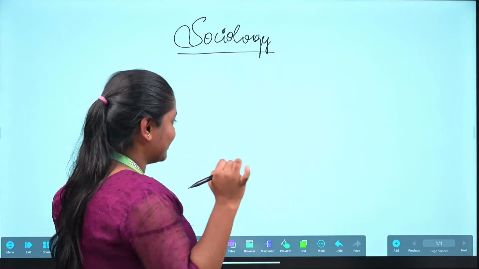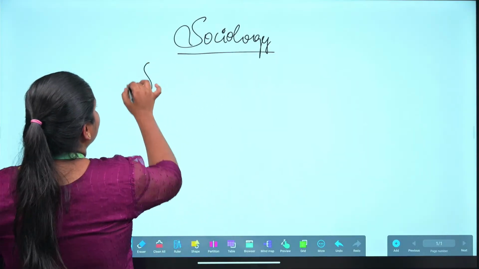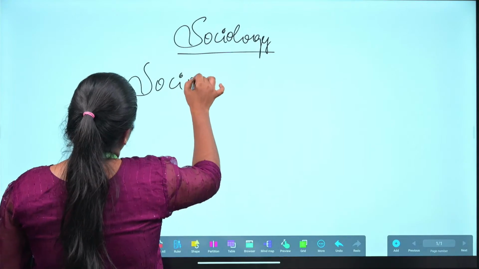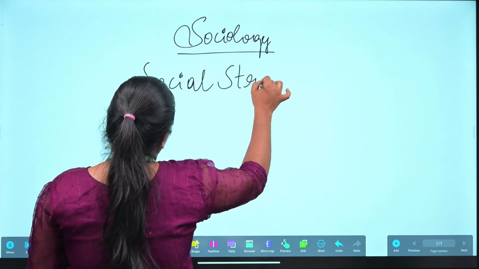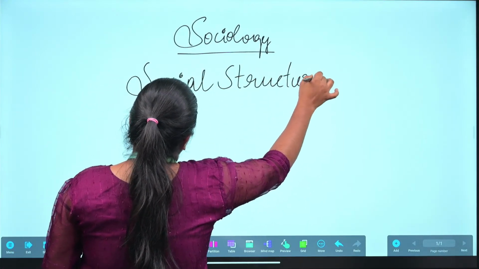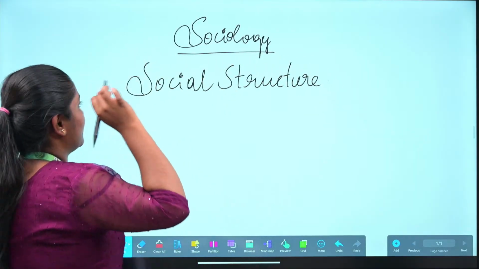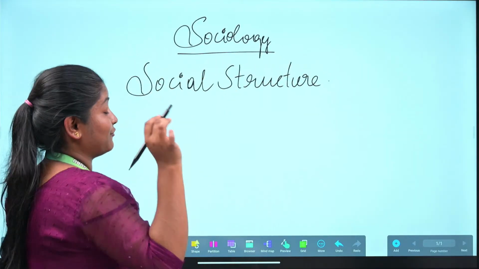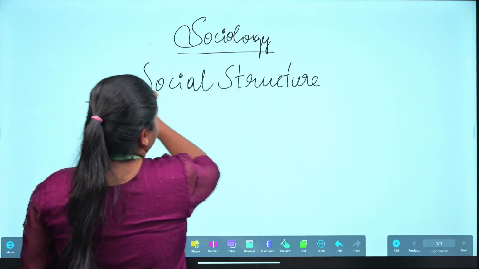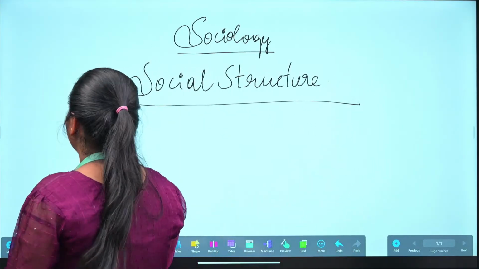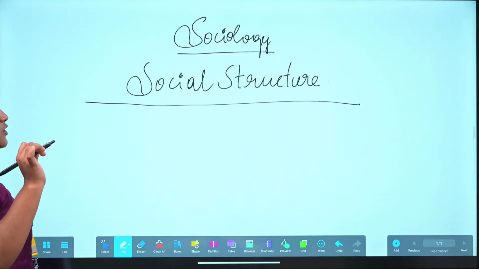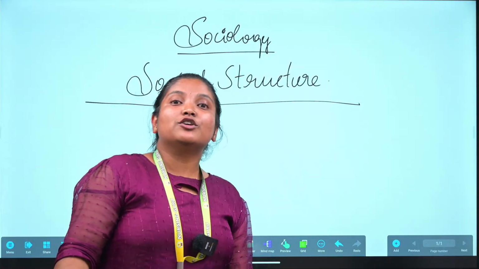So sociology, in that the second unit, social structure. Social structure for second semester, first semester BSc nursing. So this is also one of the very important units, you have to study this one. We can also call it individual society.